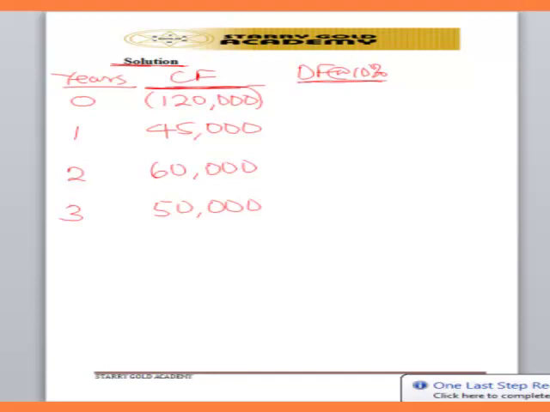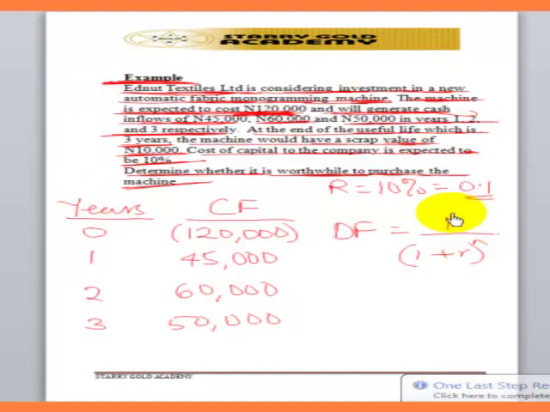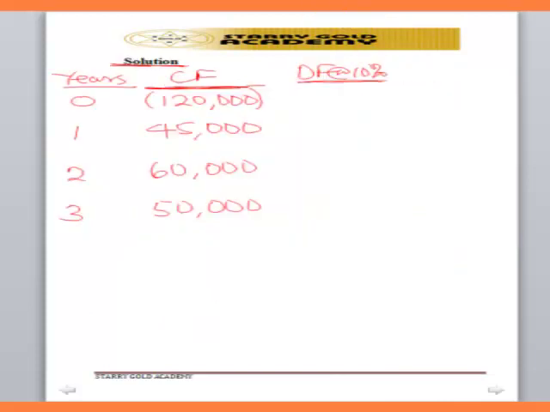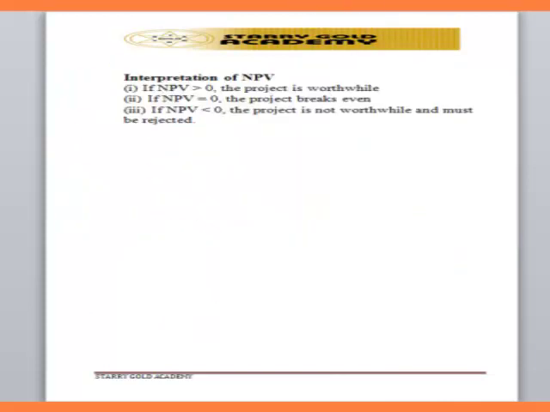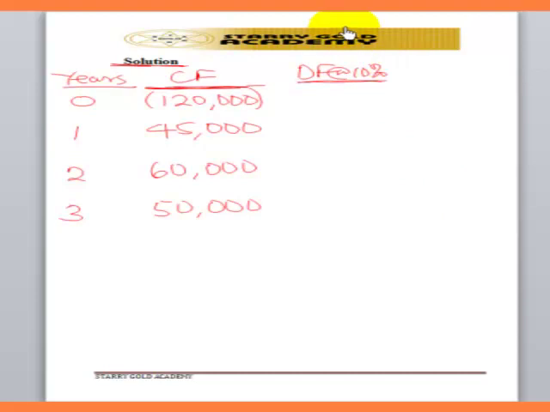Or better still, we can compute it manually using the appropriate formula, 1 over (1 plus r) raised to the power n. We do that for each of the years involved. For example, let me show our working calculation.